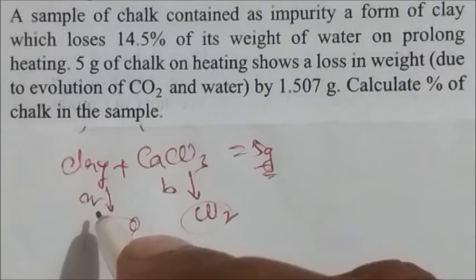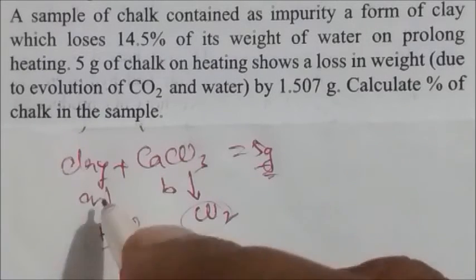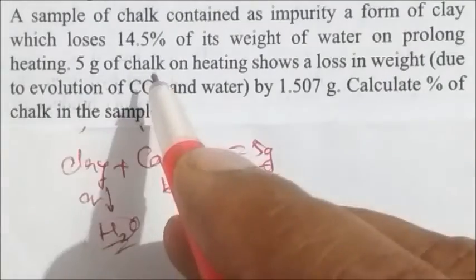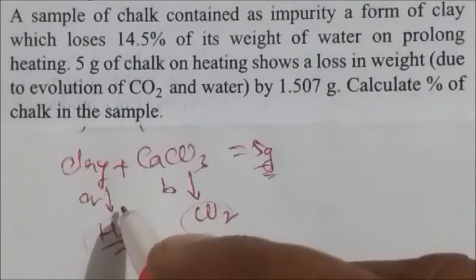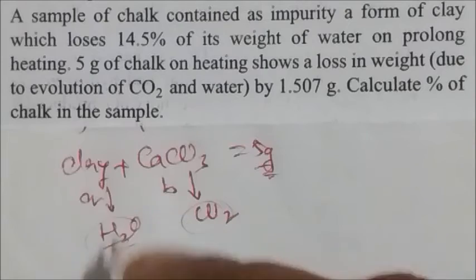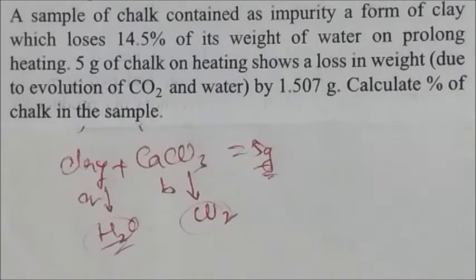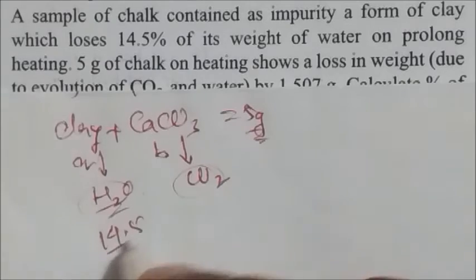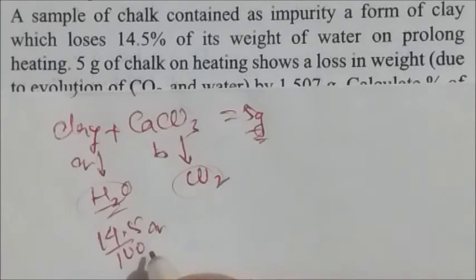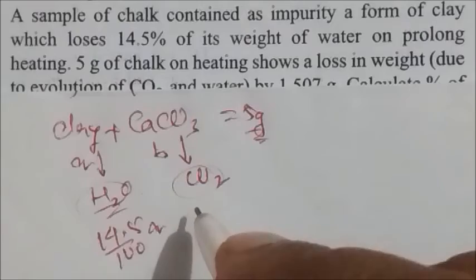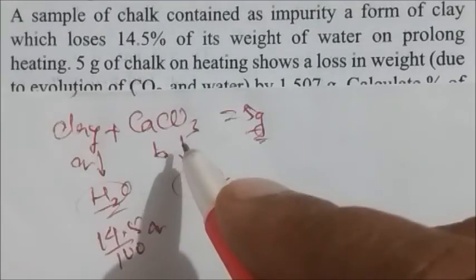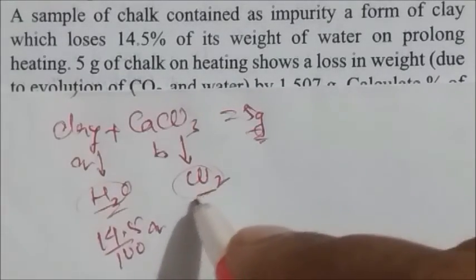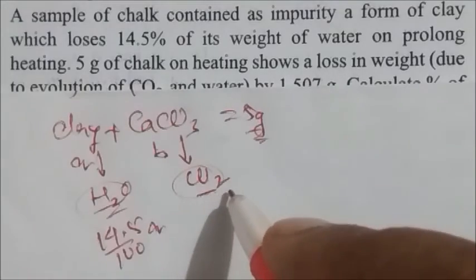If you take A gram, how much water is lost? So 14.5% of water is lost in case of A gram. So if you write in terms of A, the total loss of water will be 14.5 by 100 into A of clay. And same for carbon dioxide. Molar mass of calcium carbonate is 100, and for carbon dioxide 44 gram.